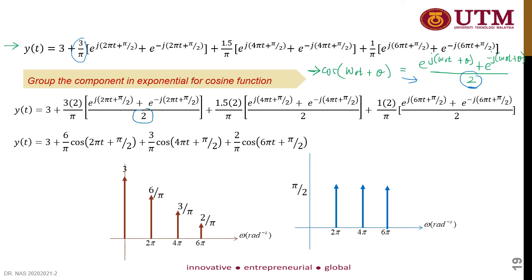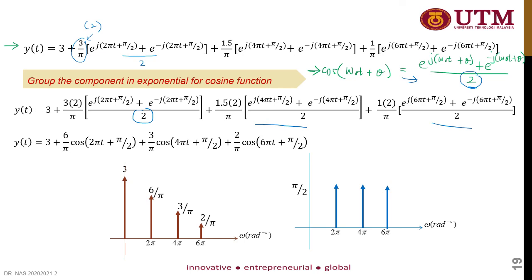In the original equation, there's no division by 2, so to get it divided by 2, you need to multiply here by 2. The same goes for the second component and the third component. So the equation is already in cosine shape, but still in exponential form.